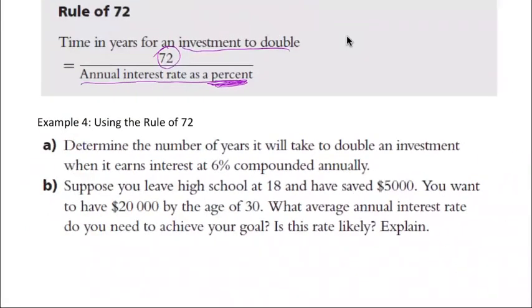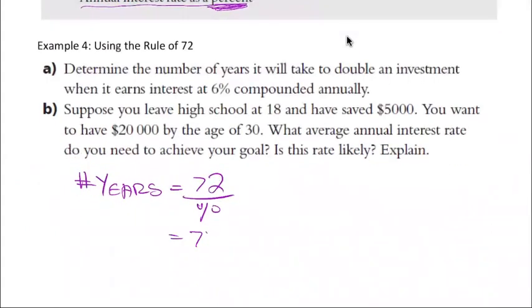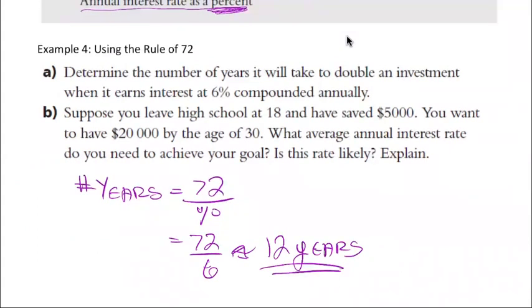Number of years is equal to 72 divided by my interest rate, which is equal to 72 divided by 6, which is equal to 12 years. Approximately. Put the approximate sign, approximately 12 years, because it's an approximation, it's not exact.